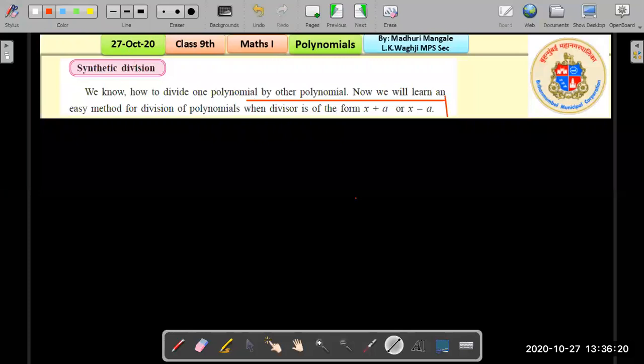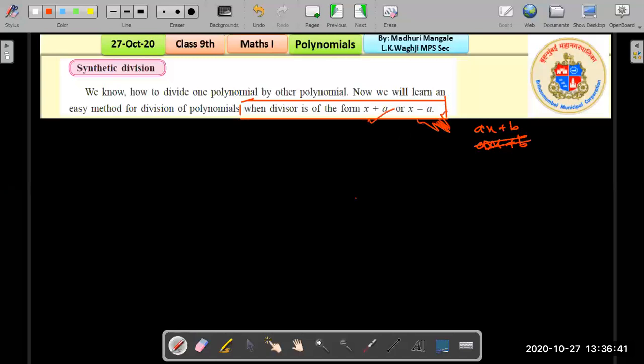In higher classes, you will of course be learning some complex versions of the divisors, which can be of the form ax plus b. But for this class, only for ninth standard, it is the simple versions, x plus a and x minus a format. Okay, so let us look at one example.